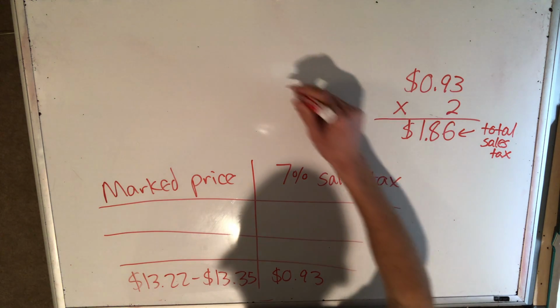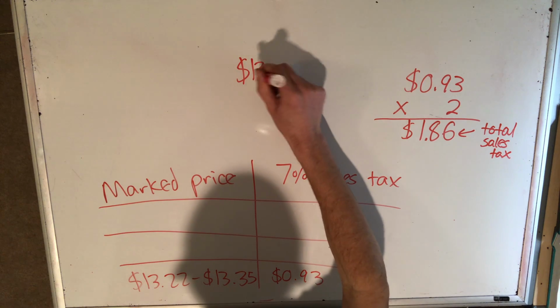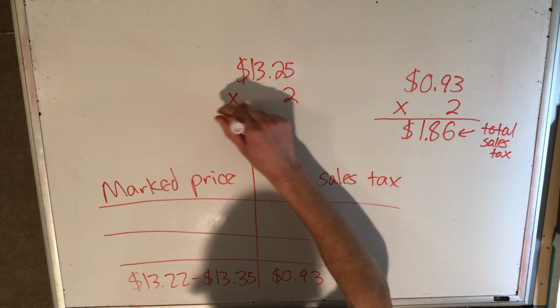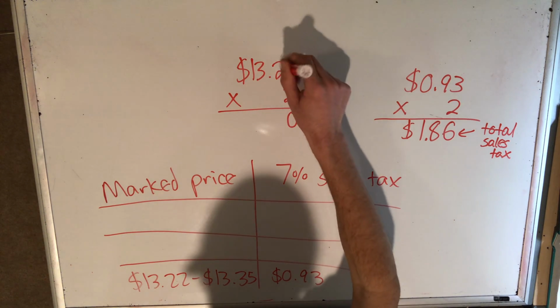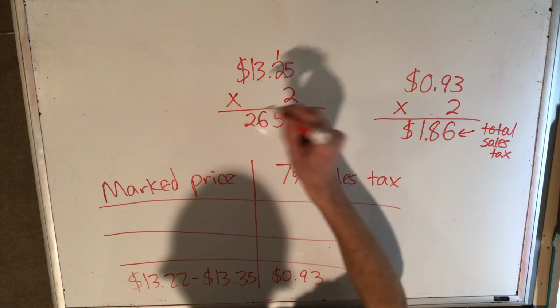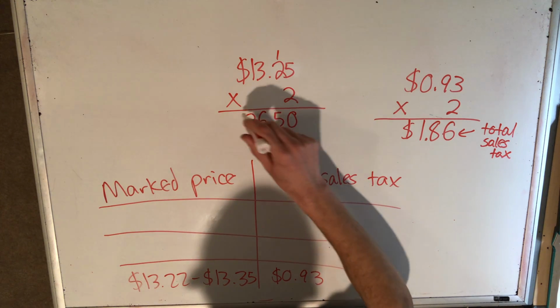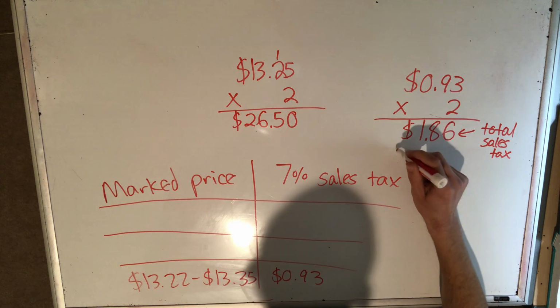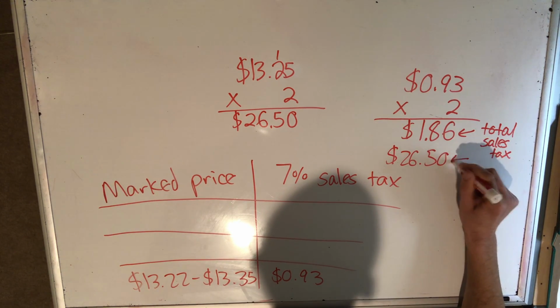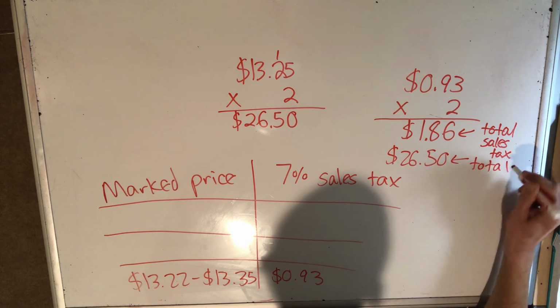And then $13.25 times two shirts, that's going to be $26.50 for the total marked price of the two shirts.